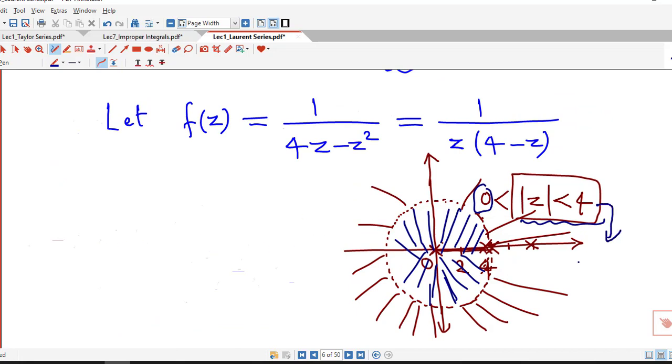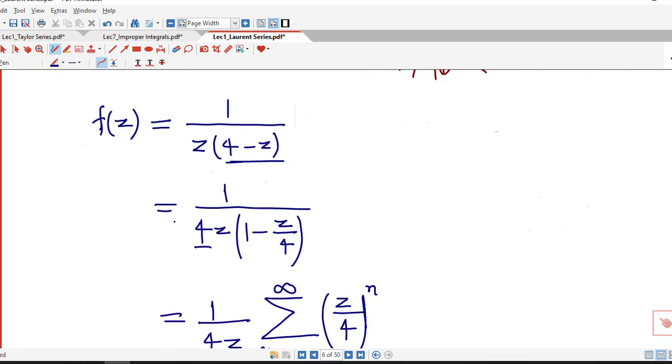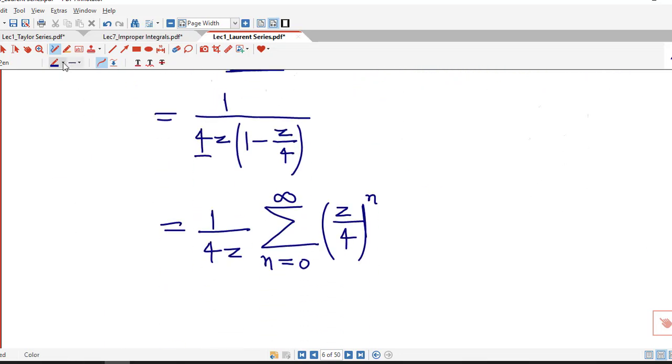So from this we can say that absolute value of z by 4 is less than 1. Therefore we can use that Maclaurin series of 1 over 1 minus z.